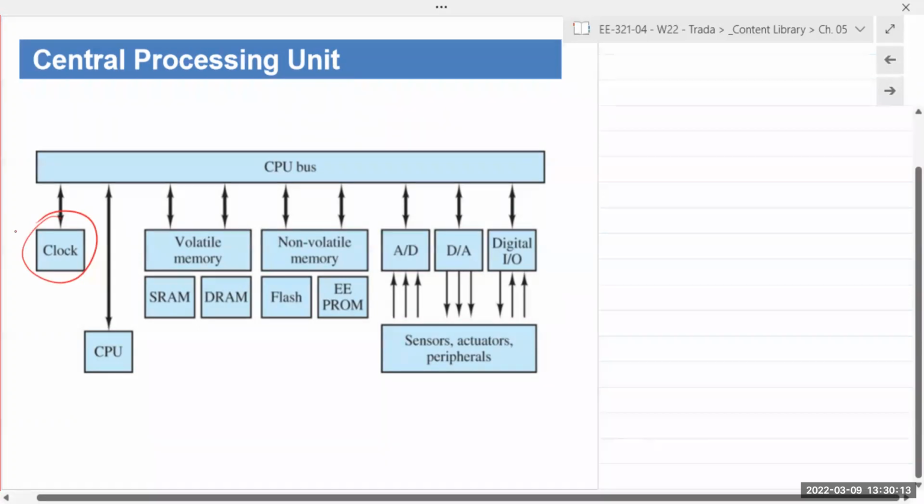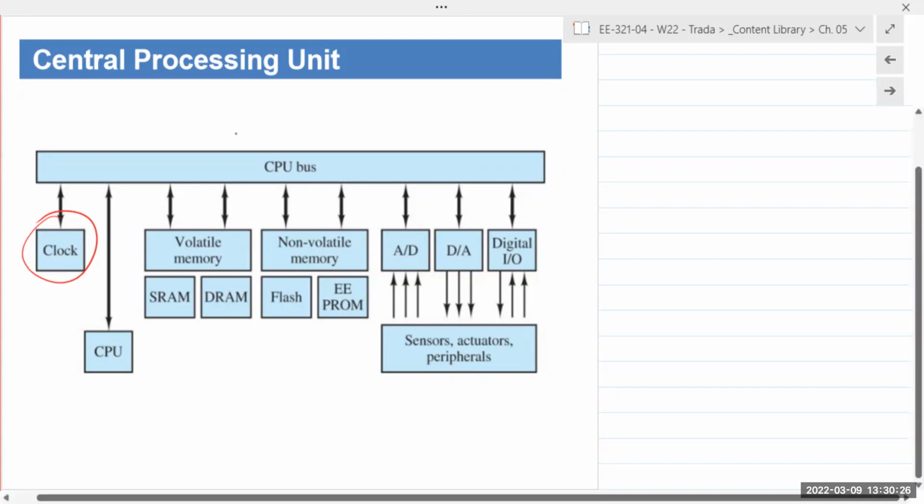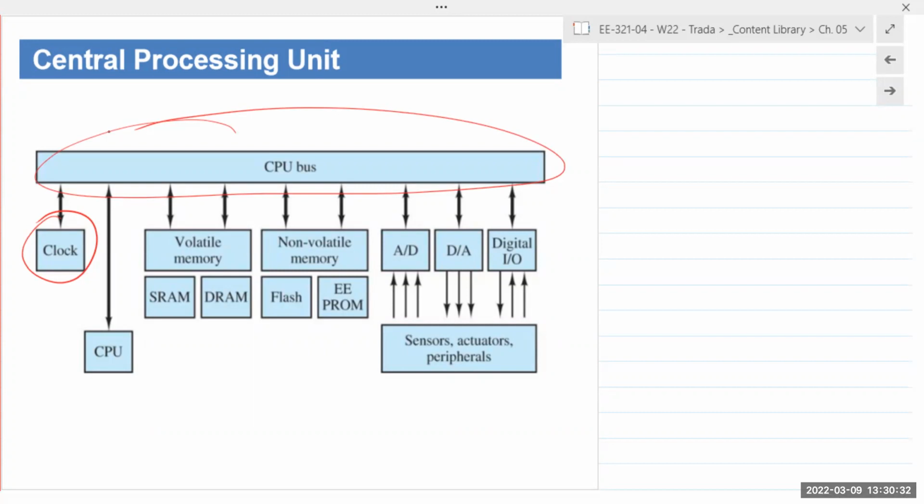Again, without a clock, everything would be haywire. Nothing would work correctly, right? So there's a clock signal that synchronizes everything. You have your CPU. The CPU communicates with everything on the CPU bus. The CPU bus is basically the number of lines addressing the memory.